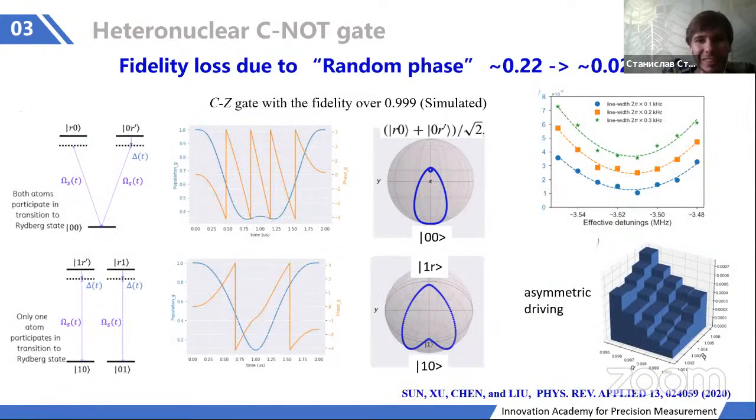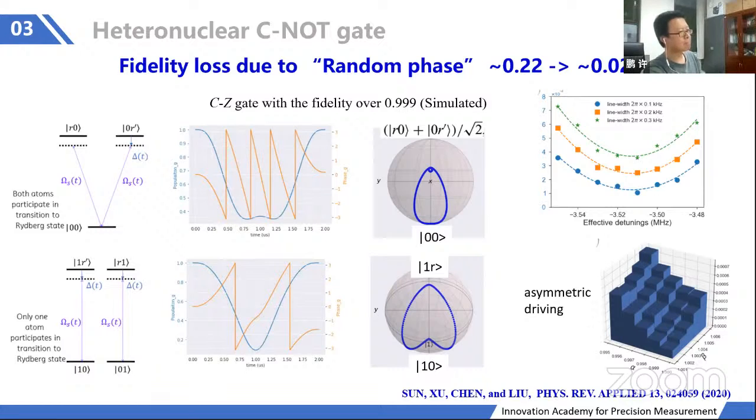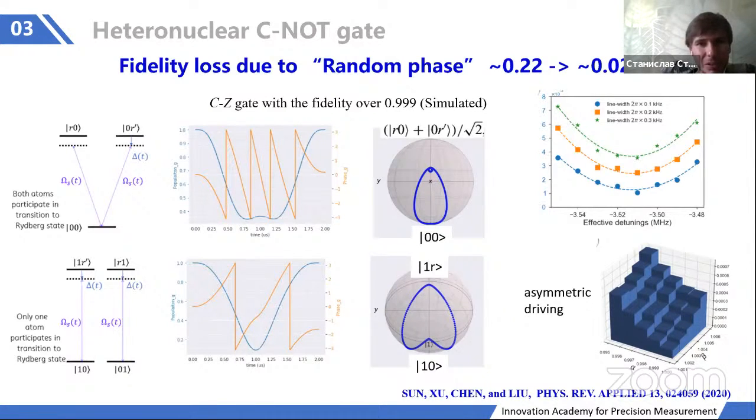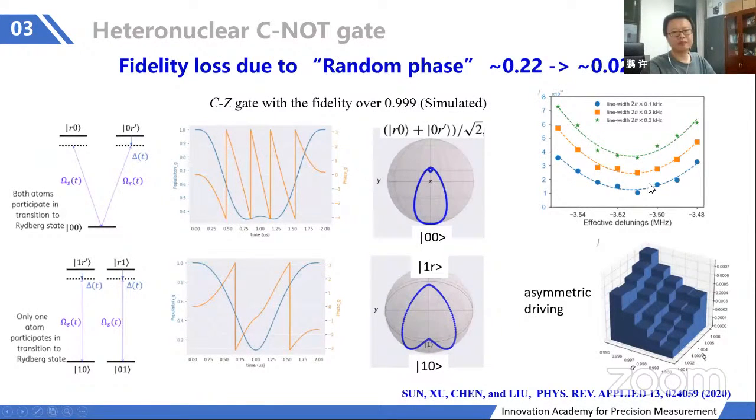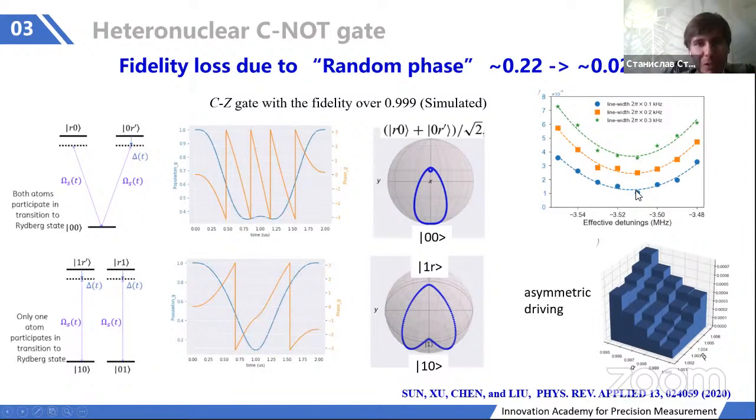May I? Yes. Why is there a detuning dependence? I think it's what is plotted there. It's the error versus the effective detuning, or what is that? For this figure? Yes, this one. Why does it have a minimum there?